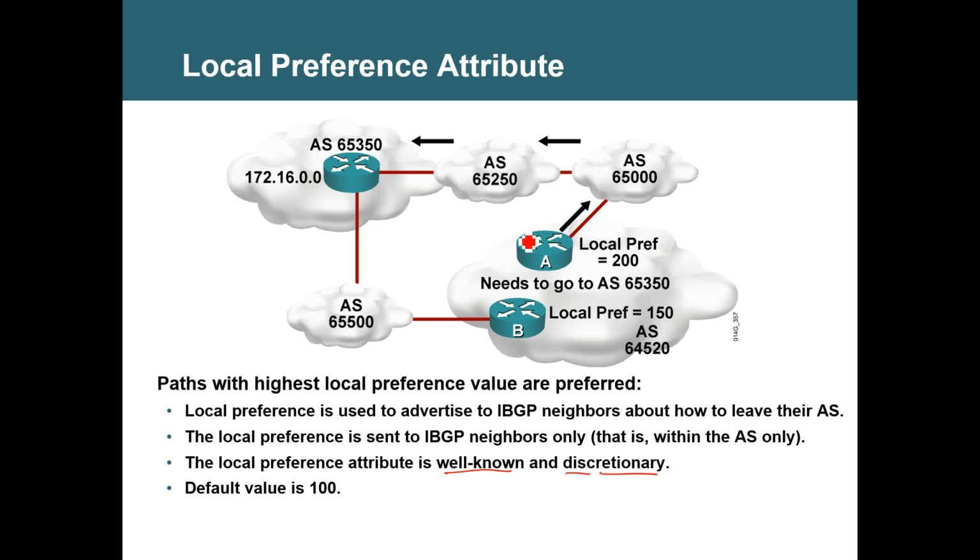When will it be present? When the network is advertised to another IBGP neighbor, this attribute will be going along with the advertisement. This attribute will be sent along with the network as an advertisement.